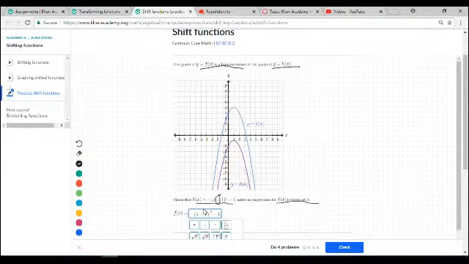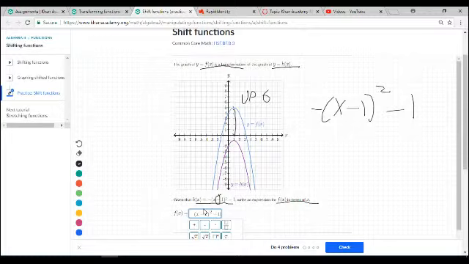Now we need to see how f of x is changed from h of x. And all I can really see right now is a vertical shift. We go up 1, 2, 3, 4, 5, 6. So we go up 6. So we have negative (x minus 1) squared minus 1, and our shift is just up 6.